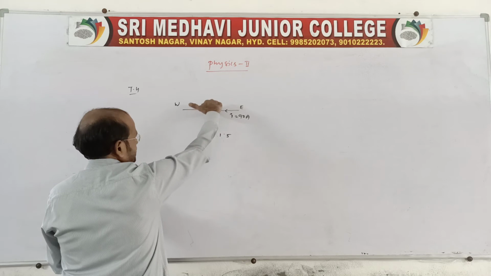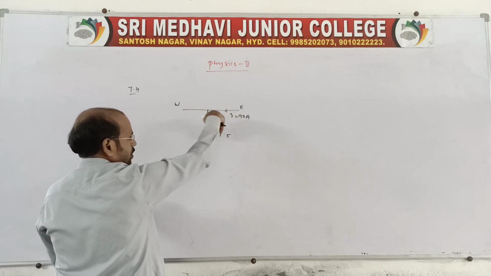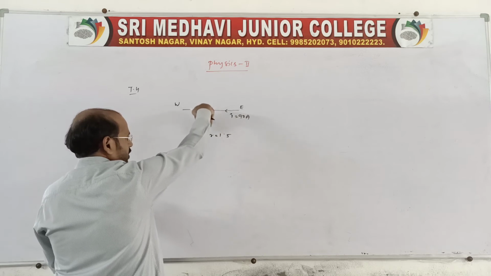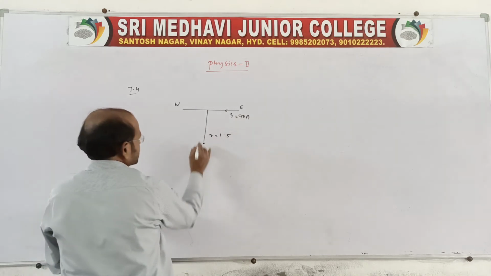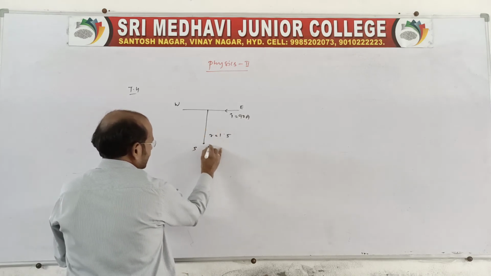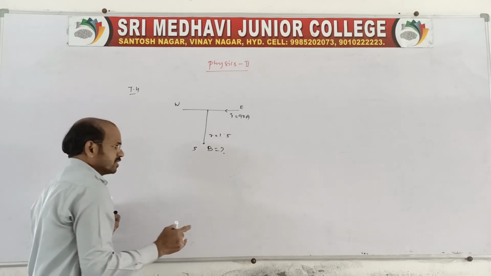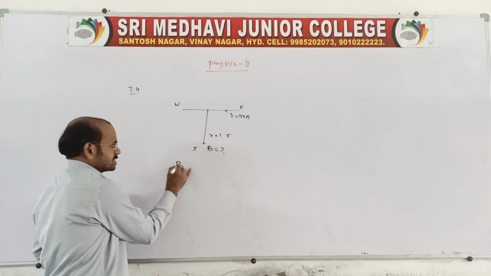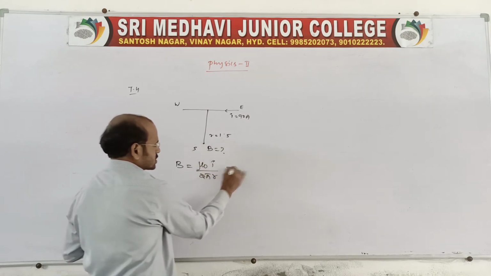The current carrying conductor is in the east-west direction, so according to the rule, our folded fingers are towards the south direction. The field will come towards the south, so B is equal to mu naught I by 2 pi r.